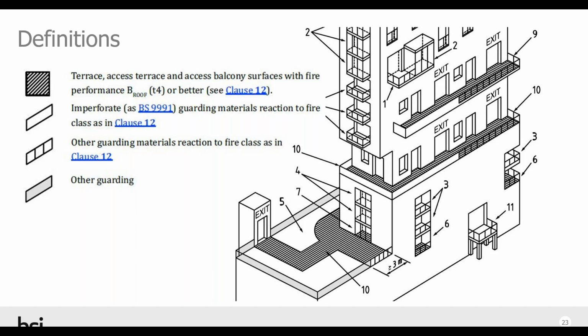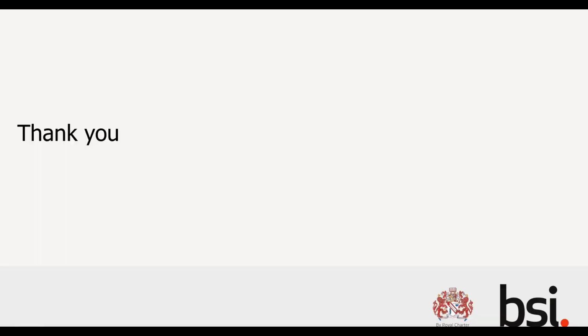One way is to introduce the concept of a performance standard, BROOF T4, which is a reaction to fire standard listed within EN 13501 as a way of preventing fire spread across facades. And Tony is going to elaborate on this in the fire section later on. Thank you.